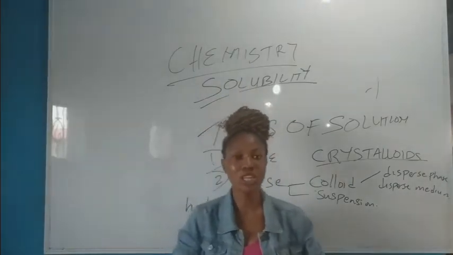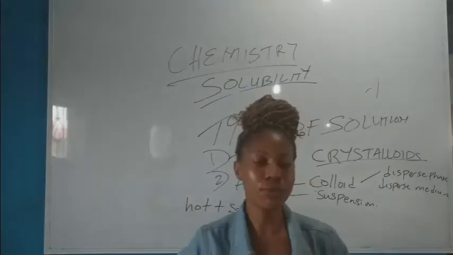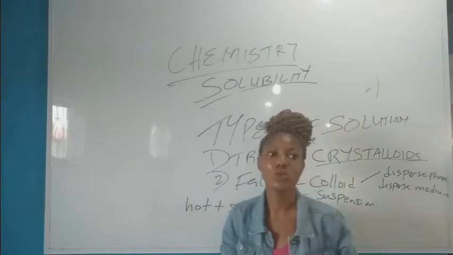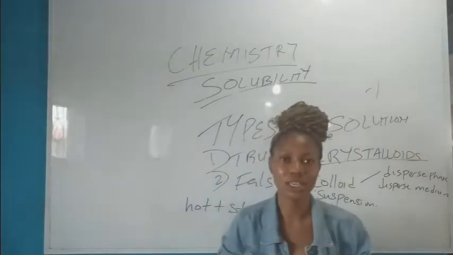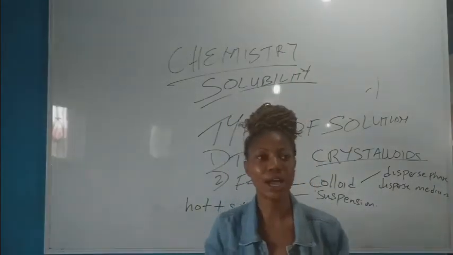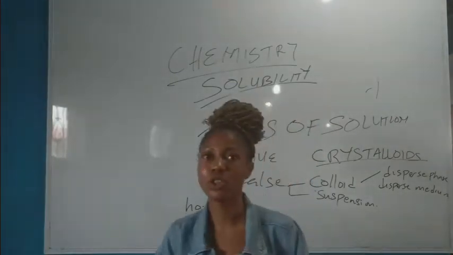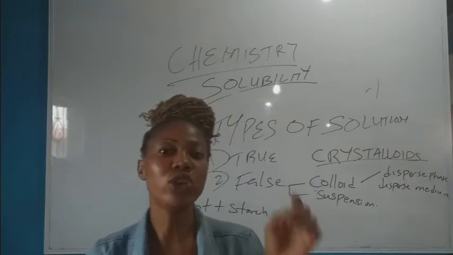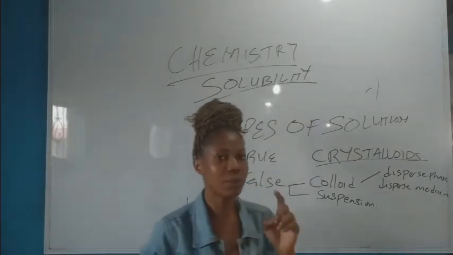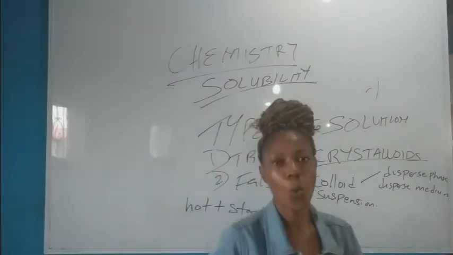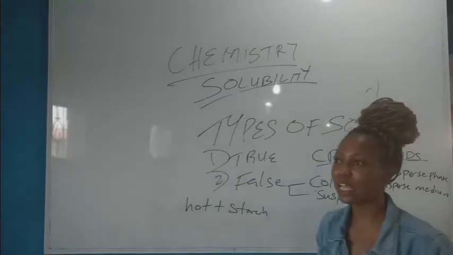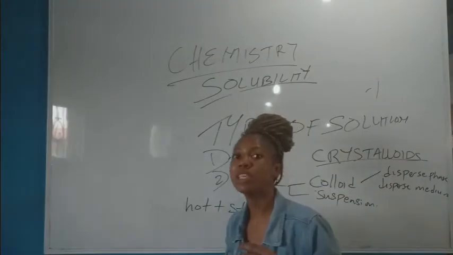It is a mixture that is not homogeneous, it is not evenly combined. That is why you get to see the particles inside whenever it is standing. So please note, a very important characteristic of suspension which colloid does not have is sedimentation, that they settle while standing. Another thing is that suspension can be separated by what?